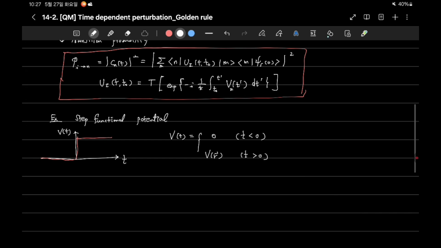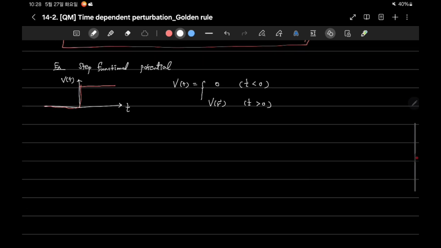To solve this problem, at first we should determine the initial state and final state, the time evolution operator, and the square of this wave function, which makes c_n(t) squared.